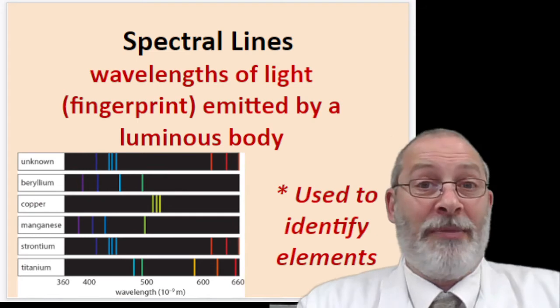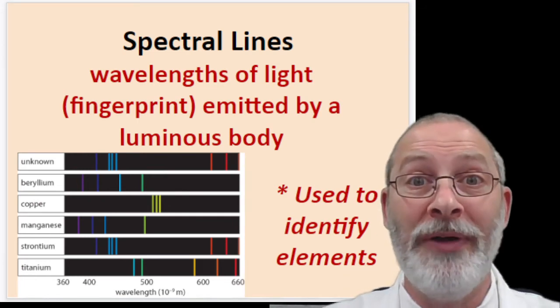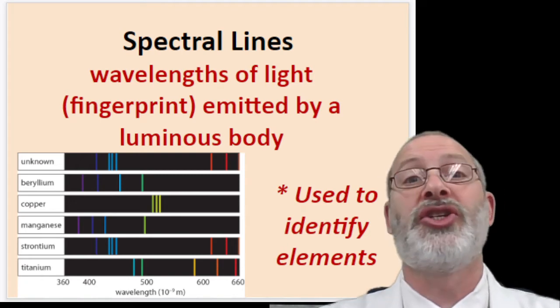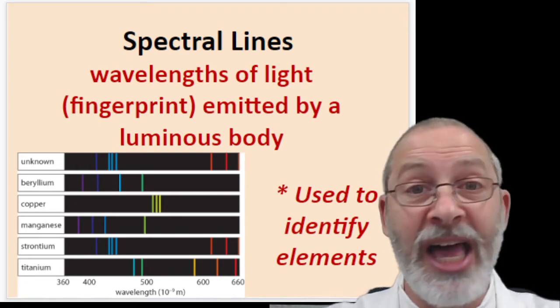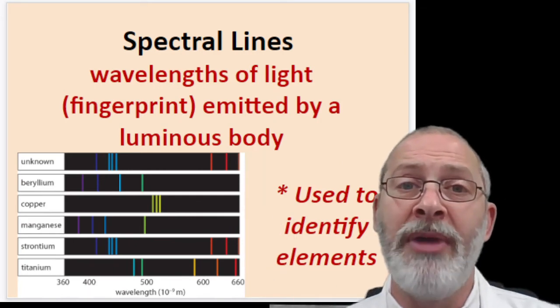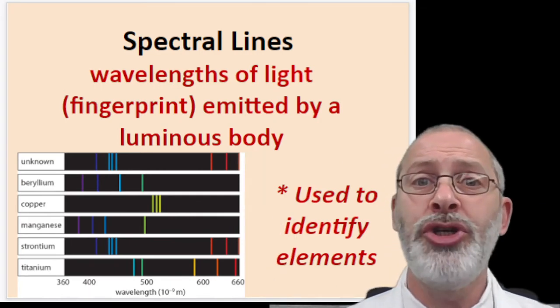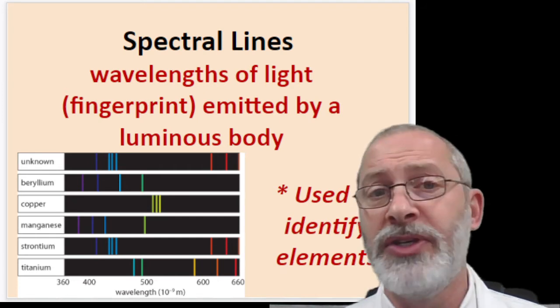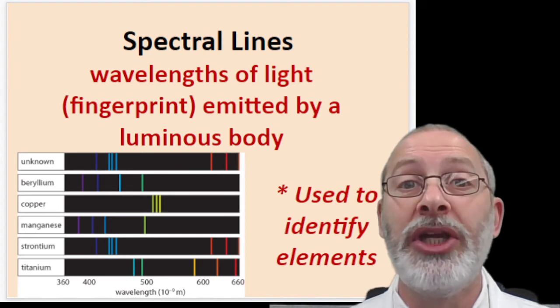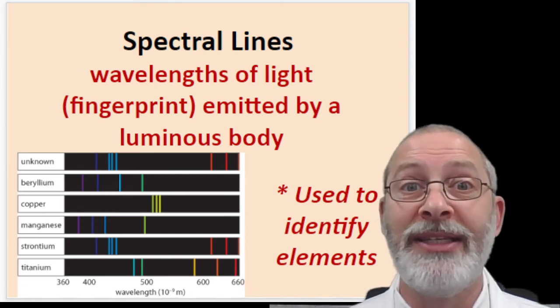So I think personally it's pretty darn cool that an astronomer here on Earth can look at a star millions of light years away and be able to tell us, well, this star is made of this amount of hydrogen, this amount of helium, this amount of this element and that element, simply by looking at it through a telescope.